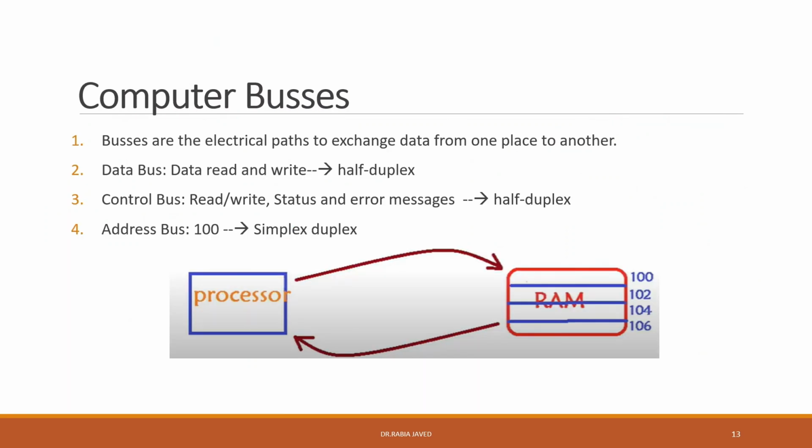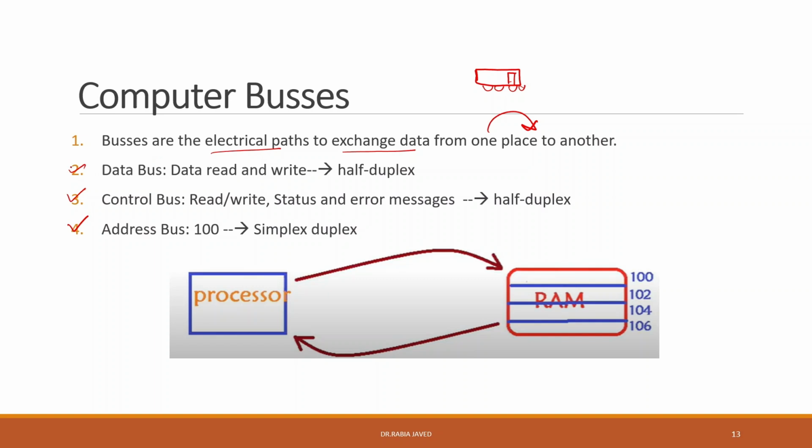Let's look at computer buses, our last topic of this lecture. Computer buses are nothing but a collection of wires. These are the electrical paths which exchange data from one place to another. In our computer bus we have three different types of buses: data bus, control bus, and address bus.